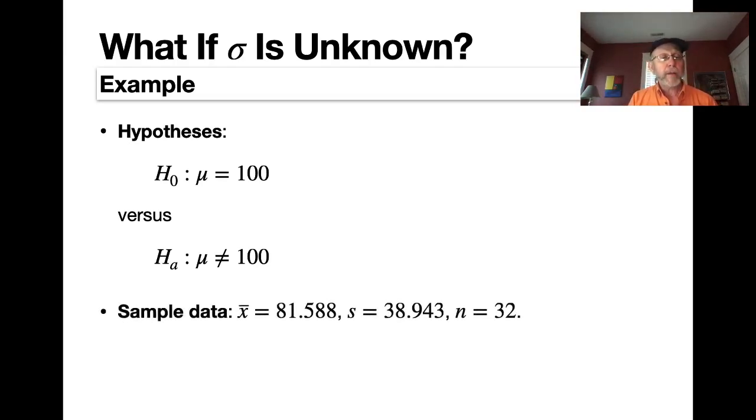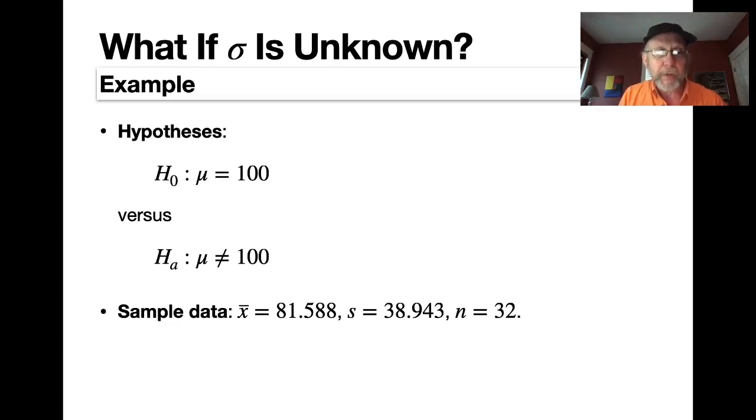Our sample data is our observed x bar value of 81.588. I should have mentioned that I'm just working in units of thousands of dollars here. So when I say mu equals 100, that means $100,000. When I say x bar equals 81.588, that means x bar is $81,588,000 or $81,588.